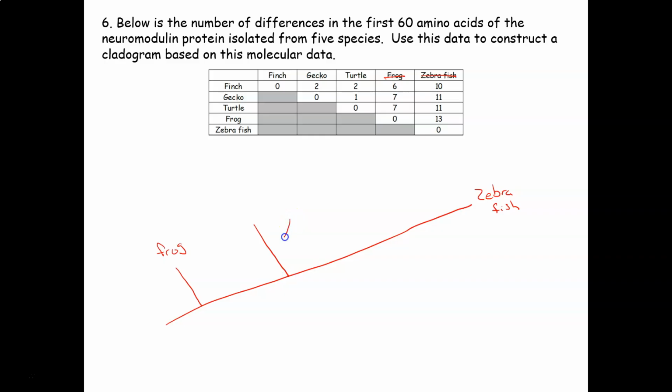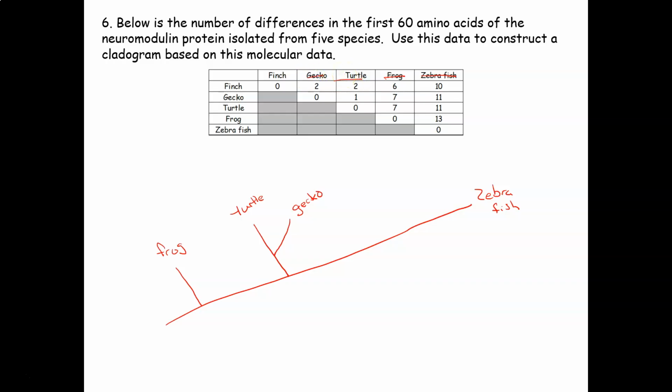In order for them to be the same distance from that zebrafish, they have to branch off of each other. So let's go ahead and put that turtle on there, as well as the gecko. Okay, so those are taken care of.